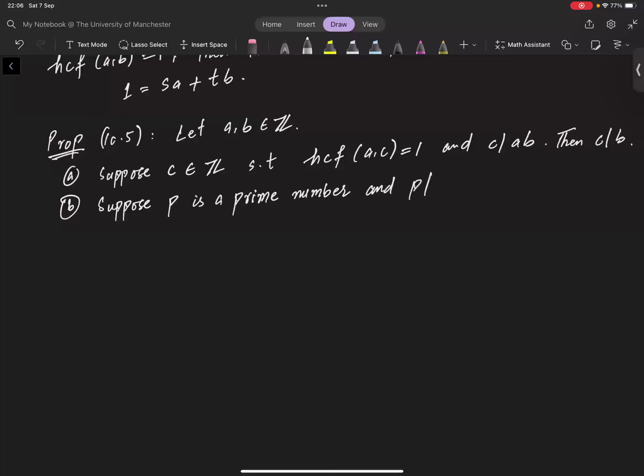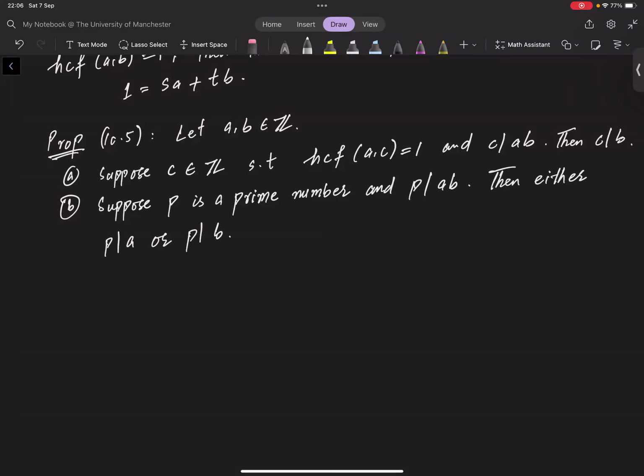And P divides the product AB, then either P divides A or P divides B. It can be from both cases.